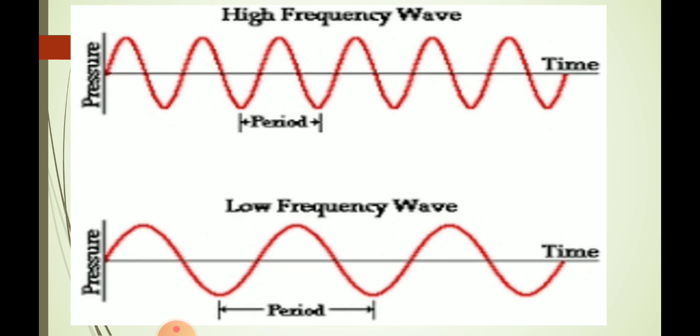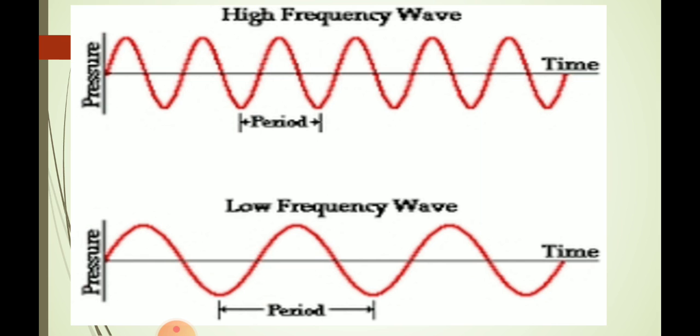See here the high frequency and the low frequency. In the high frequency wave, the first one, more pressure is created in the atmosphere, so the frequency is high. You will find the waves are very close to each other. That means this frequency is high. Low frequency is a very soft sound.